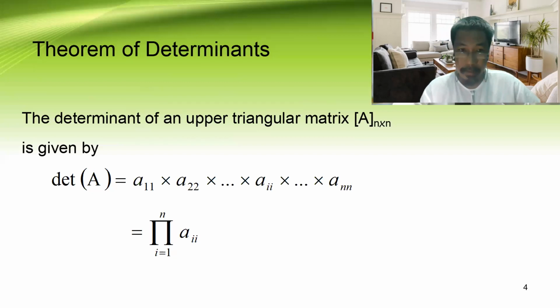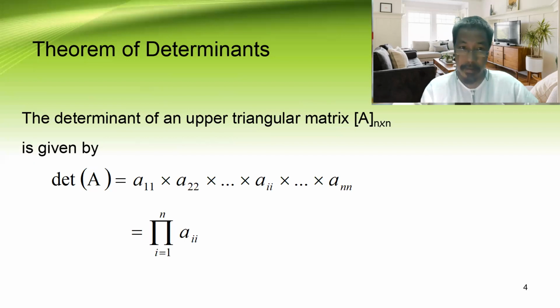So that is a product of the diagonal elements of the upper triangular matrix.